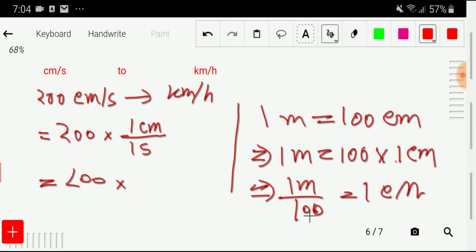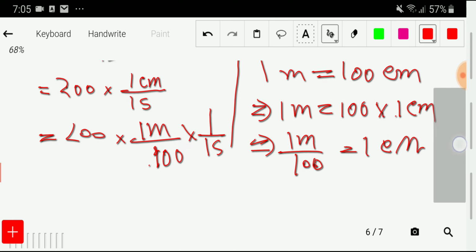So I will write 200 times 1 meter divided by 100, times 1 by 1 second. I am putting the value of 1 centimeter from here, then I write 1 by 1 second.